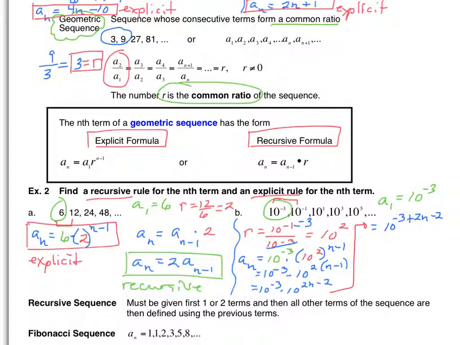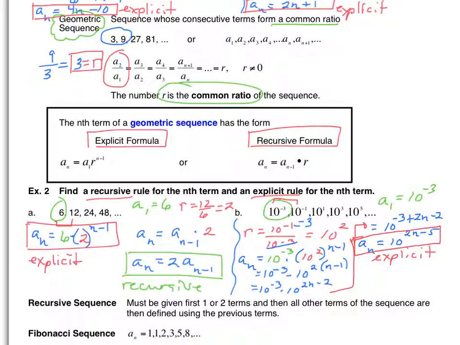And so finally, a sub n is equal to 10 to the 2n minus 5. Ugly but true. So all of that is your explicit. That was fun, wasn't it?